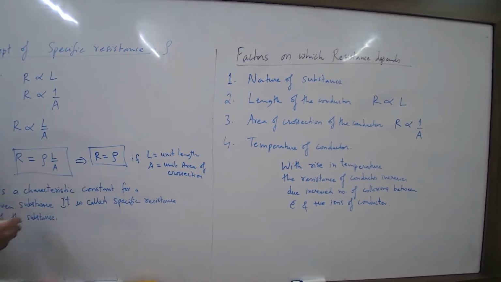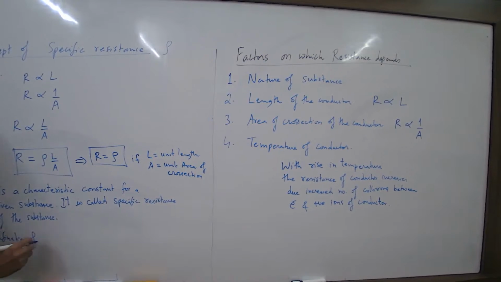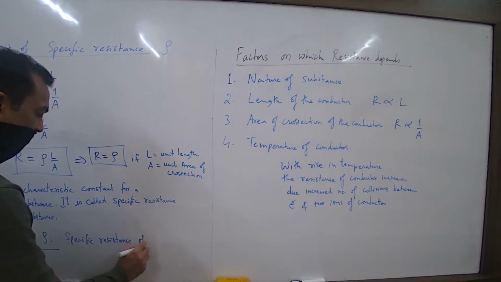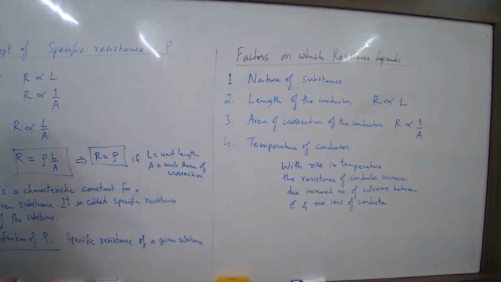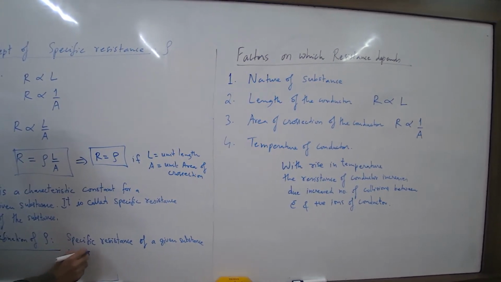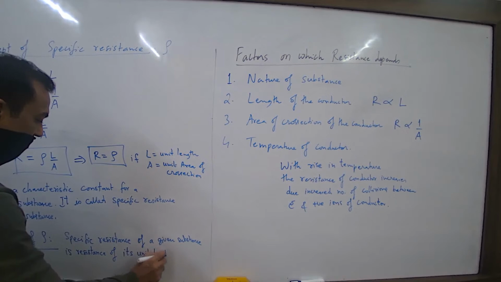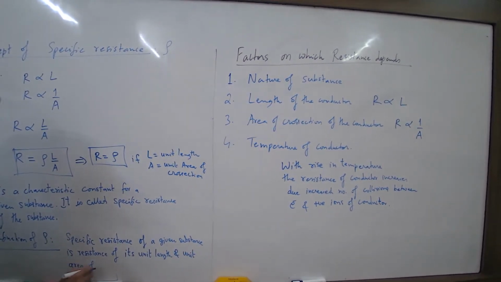Okay. Are you waiting for me to go? Okay. So let's define this specific resistance. Definition of specific resistance: specific resistance of a given substance is the resistance of its unit length and unit area of cross-section.